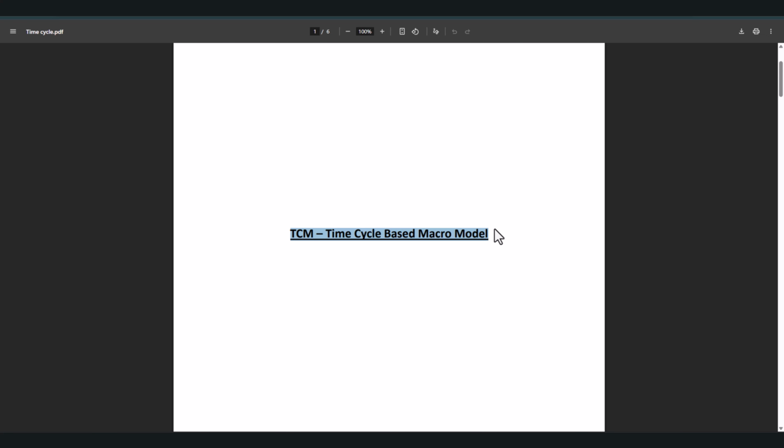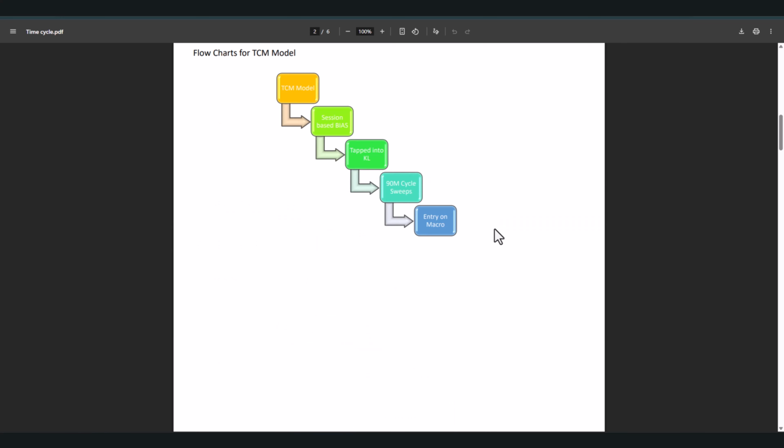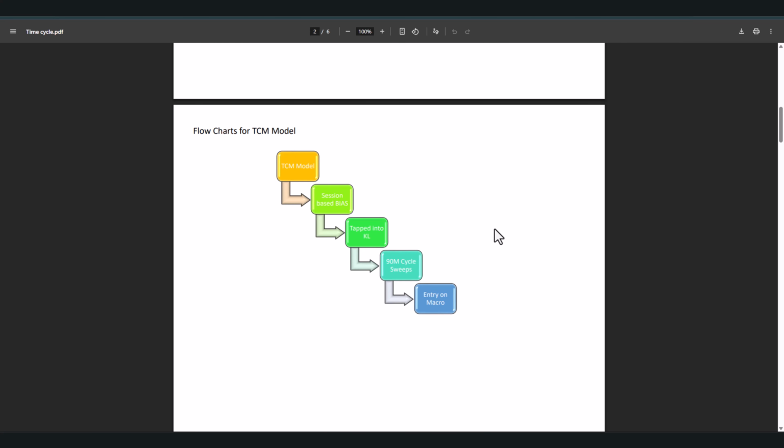To follow the TCM, you have to follow some rules, basically some steps. First, bias, which is session based bias. Later I will discuss briefly. First step, determining the bias, which is session based. It may be Asia, London, or New York.